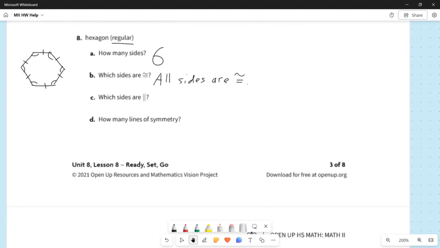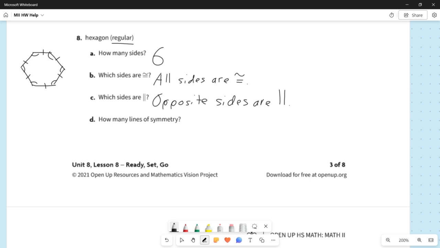Well, 6 is an even number. And if you have a regular polygon that has an even number of sides, then opposite sides are parallel. If you have an odd number of sides, then none of the sides are parallel. Okay.